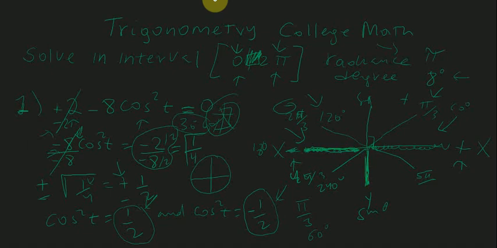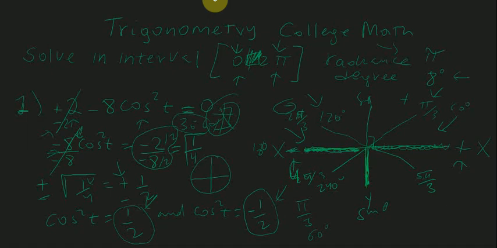And then 4 pi over 3, this is the y-axis, no one asked. And then here 5 pi over 3 for cosine. And here also is 0.